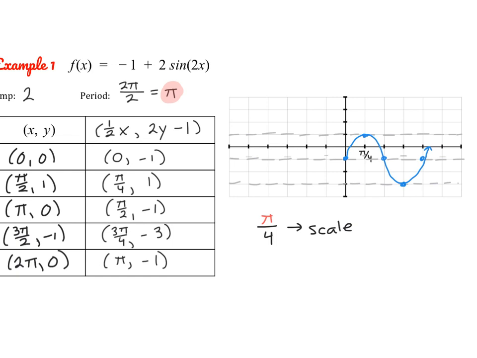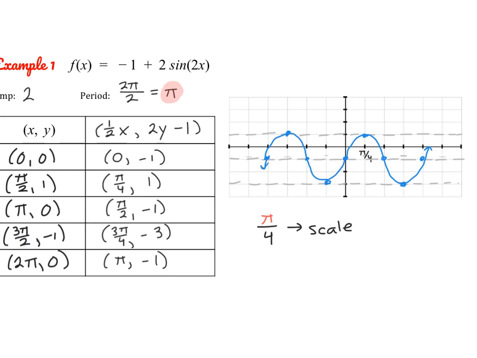So again, we know that sine always starts at the midline, and then its first movement is to go up, and then it goes back down to the midline, and then it hits the minimum, and then it returns to the midline. So we can actually continue this pattern going to the left, and it's really easy if you have your graph set up. So we just go 1, 2, 3, 4, and then connect your dots.